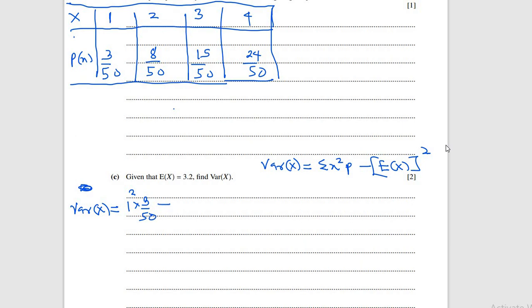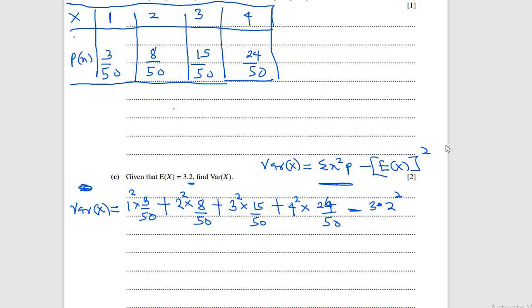The next x is 2, 2 squared, probability 8 over 50. The next x is 3, 3 squared, probability 15 over 50. The next x is 4, 4 squared, probability 24 over 50. Minus expectation of x squared, and the question says expectation is 3.2, that's 3.2 squared.